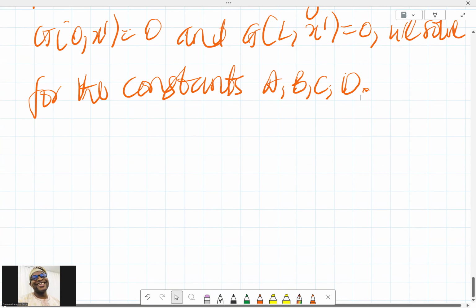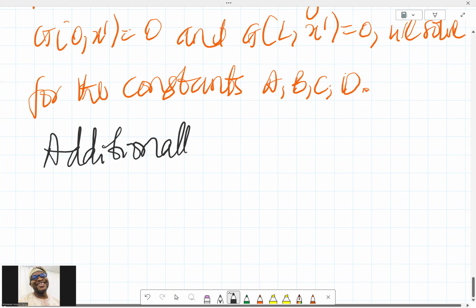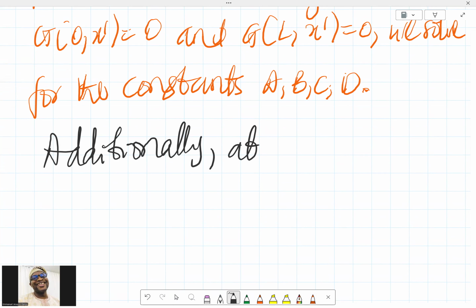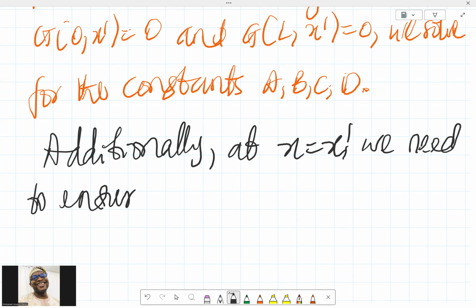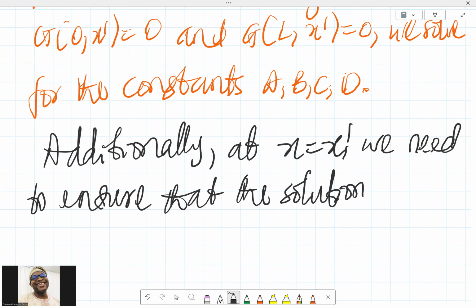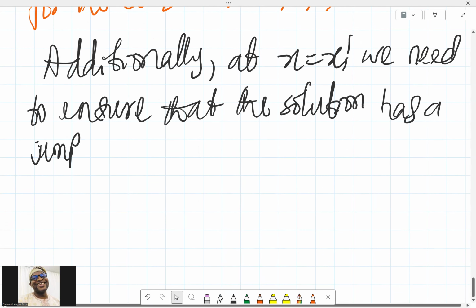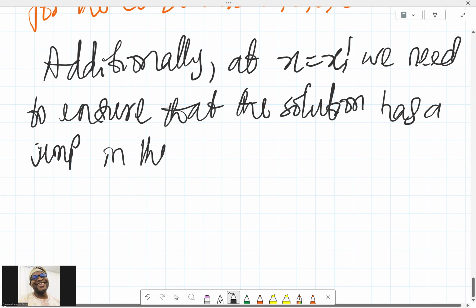Additionally, at x equals x prime, we need to ensure that the solution has a jump in the first derivative.